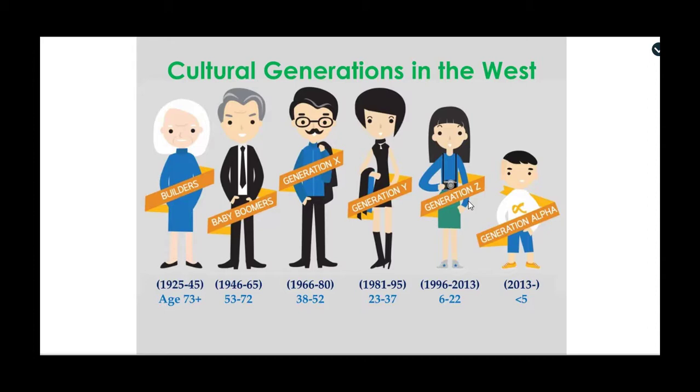The internet was invented and computers became very popular, smartphones were introduced and personal computers were available in many homes, and personal internet connection, mobile internet connection, apps. So a lot of things happened between 1996 and 2013.